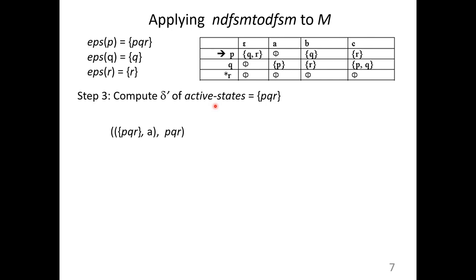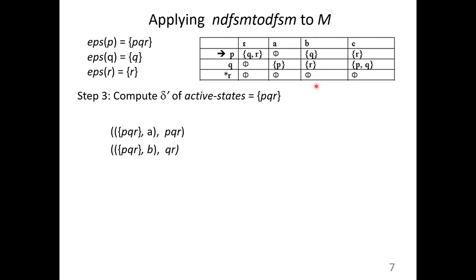We are supposed to obtain the delta transitions for this state PQR. So PQR, A: see this column, we have null, P, null, that is P. So EPS of P is equal to PQR. Next, PQR, B: all the three here.